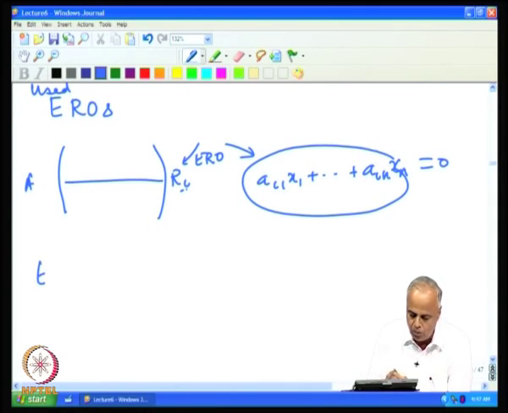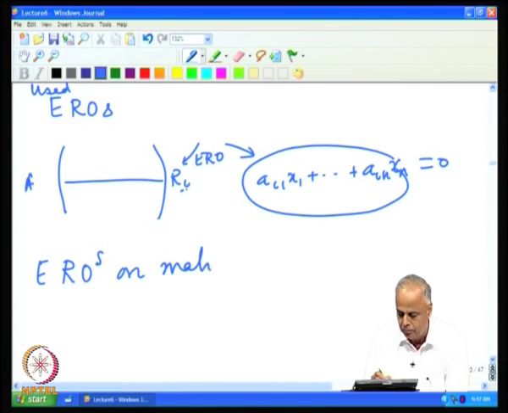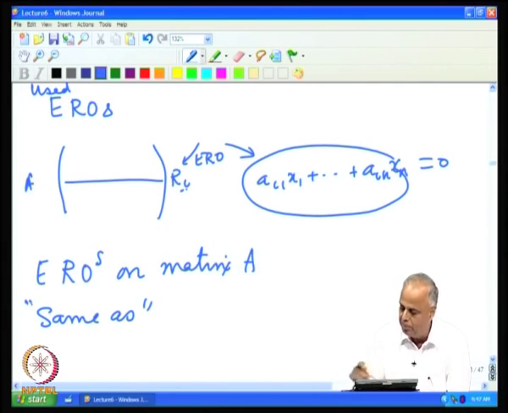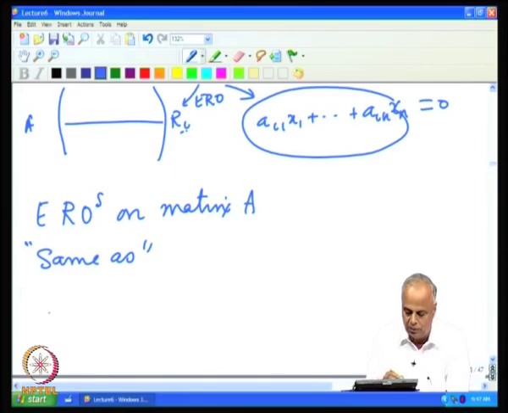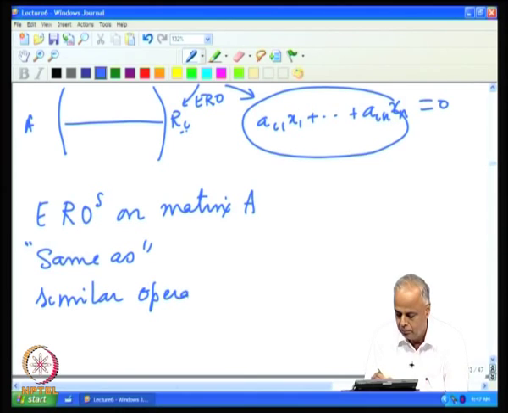So, EROs on matrix A are, from the point of view of the homogeneous system, similar operations on the LHS of the corresponding homogeneous system.